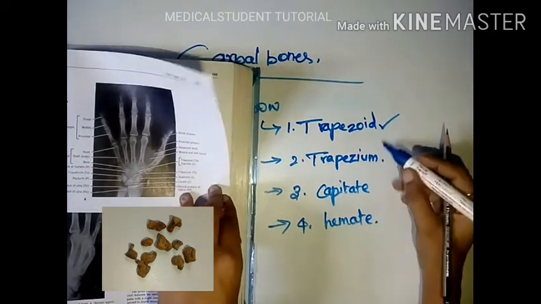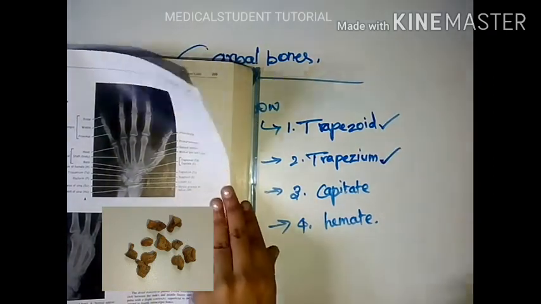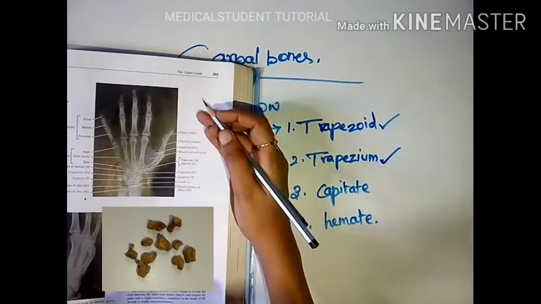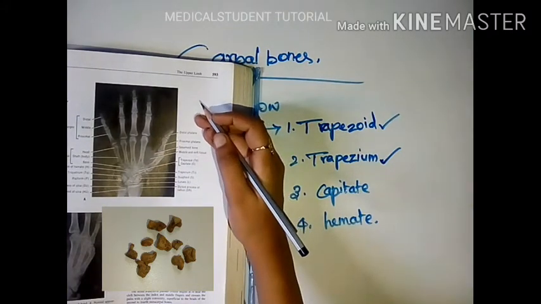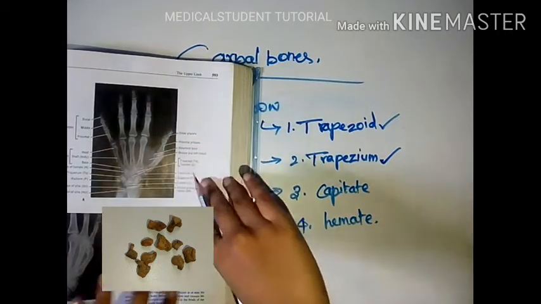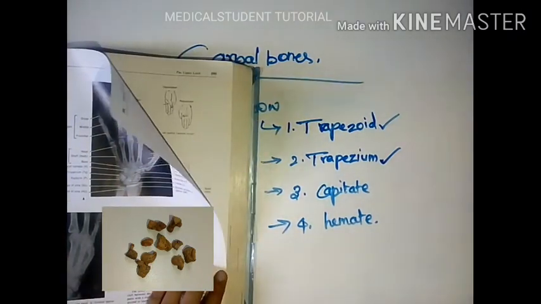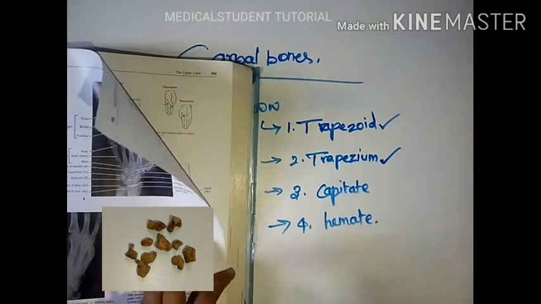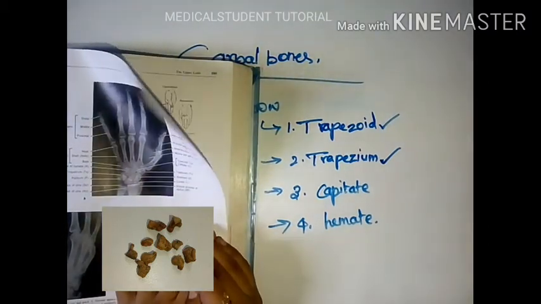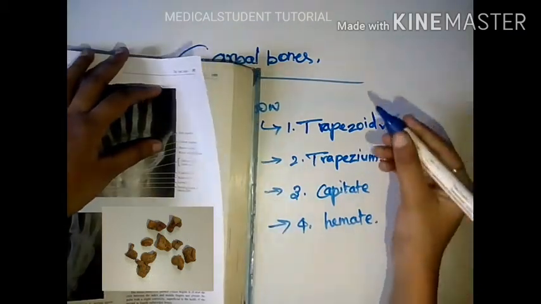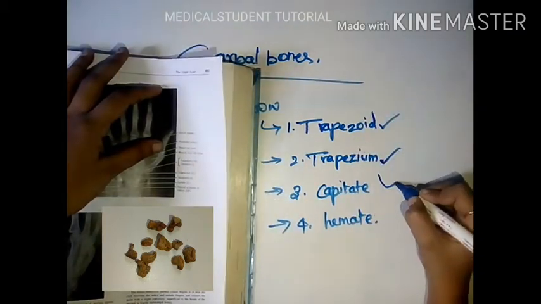Next, the trapezium. Trapezium is a distal row bone in the wrist joint, a carpal bone. It is shaped like a baby's shoe. That means it has this shape.